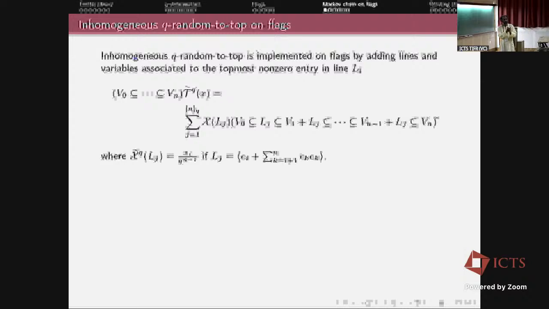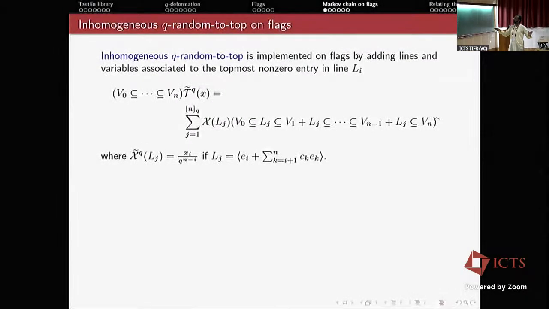We are only going to add lines. V0 is of course empty. You add a line L_j with some probability, which I'll explain in a second, and then you add it to every other vector space. So you form the subspace with V_i and this L_j for each i, then you again get a flag.